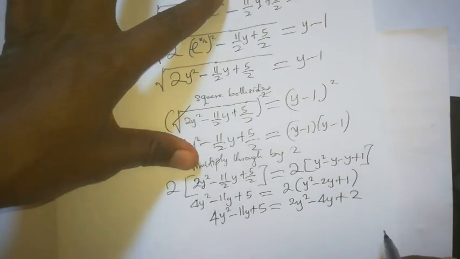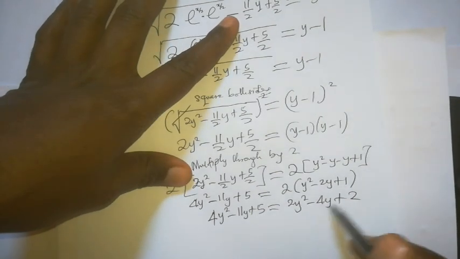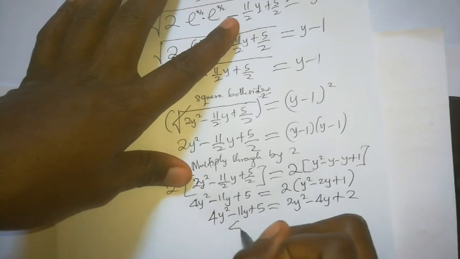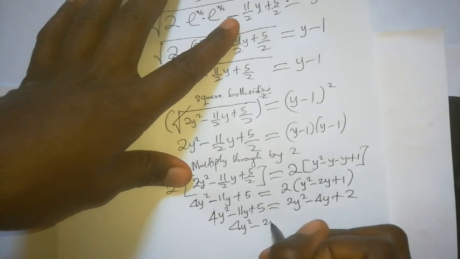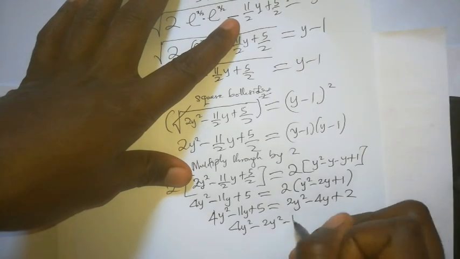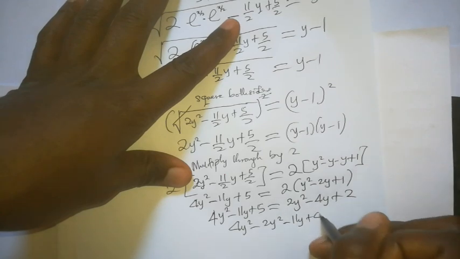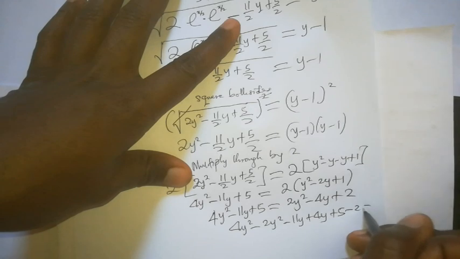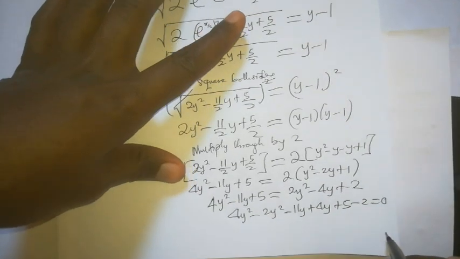You get it? So let's shift these variables into this side. So we are going to have 4y square minus 2y square minus 11y plus 4y plus 5 minus 2 is equal to 0. You get it?